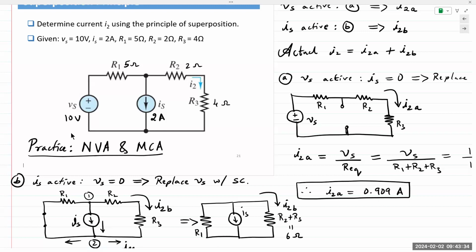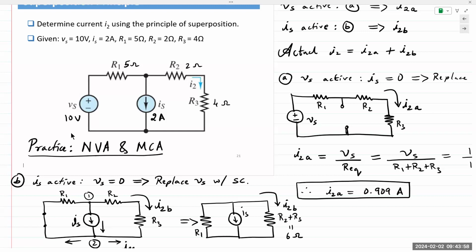So we might apply superposition to a circuit that we cannot reduce to a single resistance. Then instead of just doing Ohm's law like we did here, we might have to end up applying node voltage or mesh current analysis, which kind of defeats the purpose of using superposition.